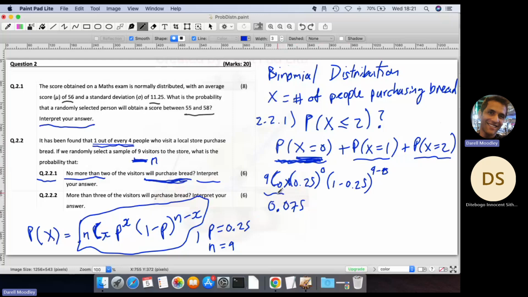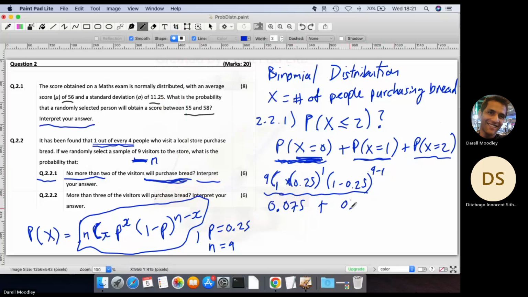Then you're going to do the same thing for the next one, but instead of x equals 0, you are going to have x equals 1. So you're going to replace the 0 with a 1. Wherever you see x, you're going to replace it with a 1. When you put this into your calculator, you get a value of 0.2253.